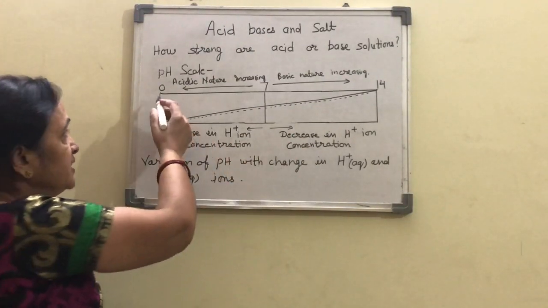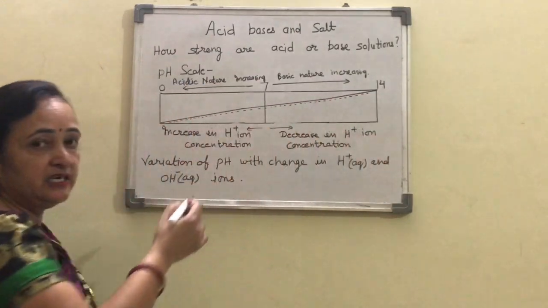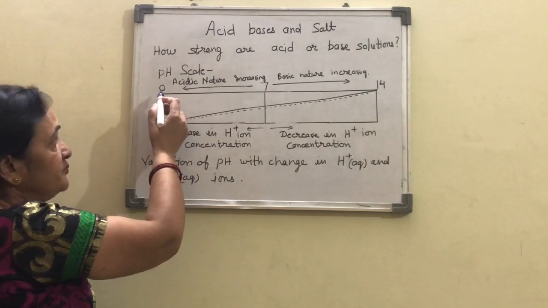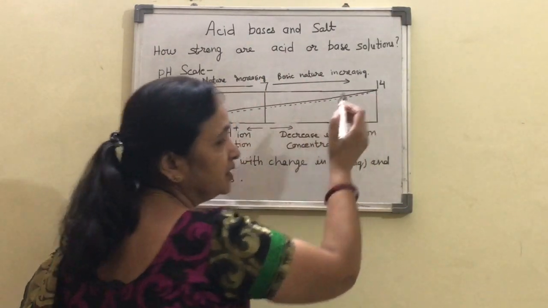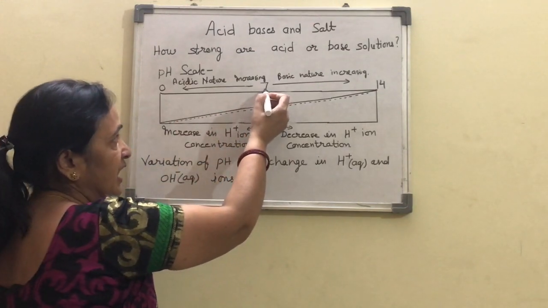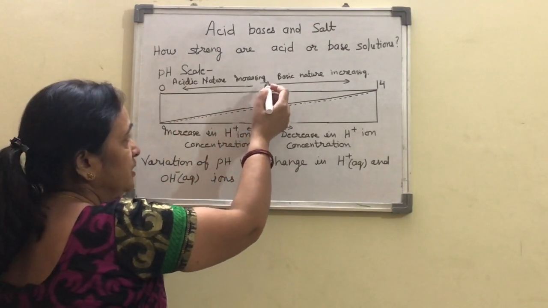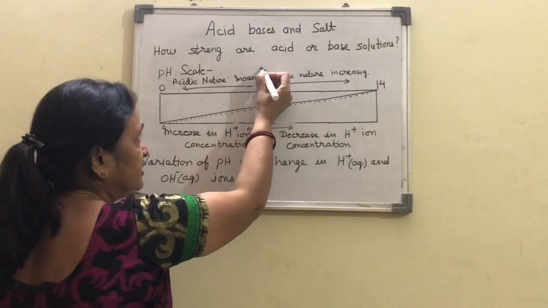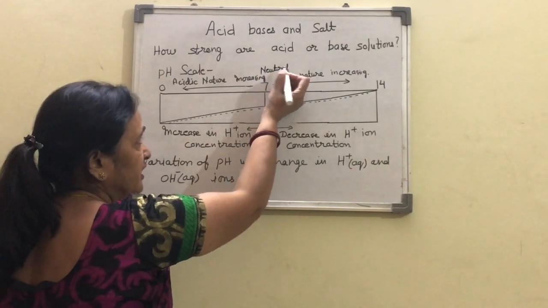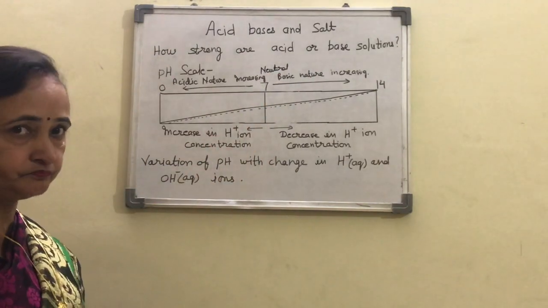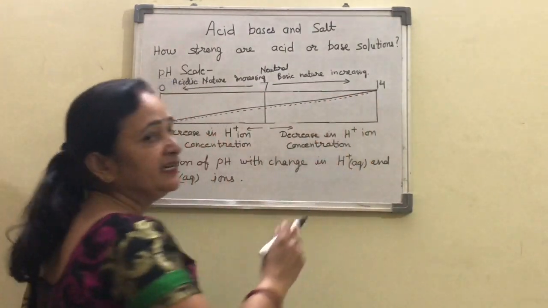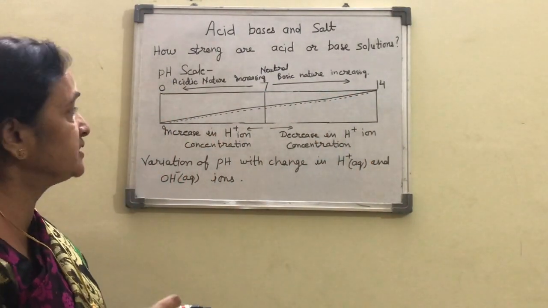This pH scale comprises values from 0 to 14, and in between it is written 7, which is the midpoint, and that is neutral. These values on the scale are known as pH values.